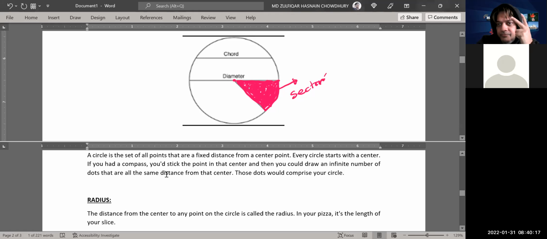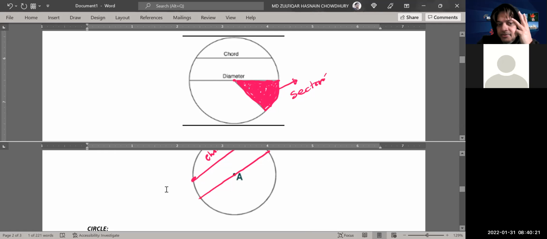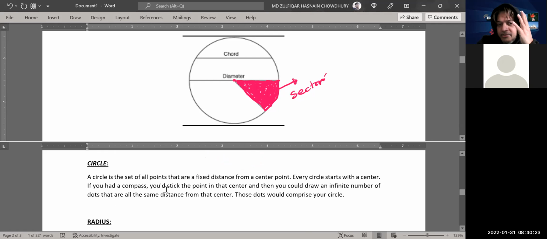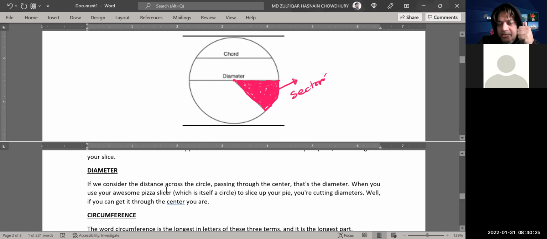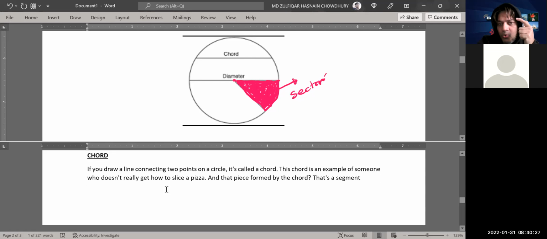Circle, 6. Center, oh, 7. Circumference, radius, diameter, chord, sector. How many items have you learned? 7.